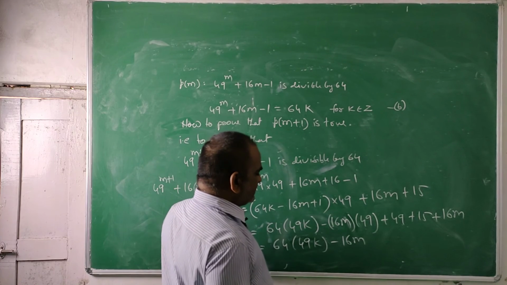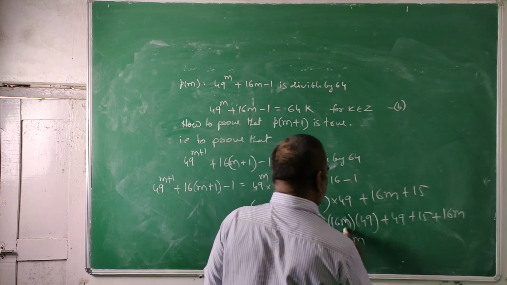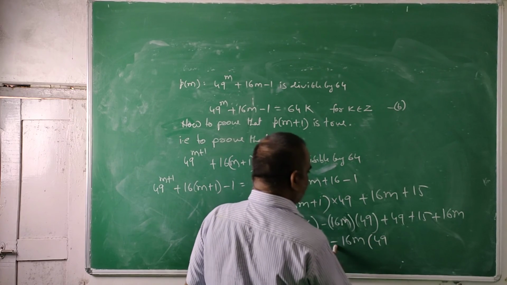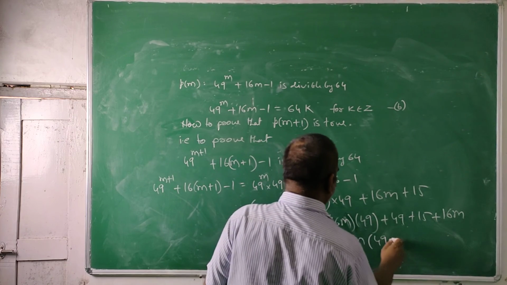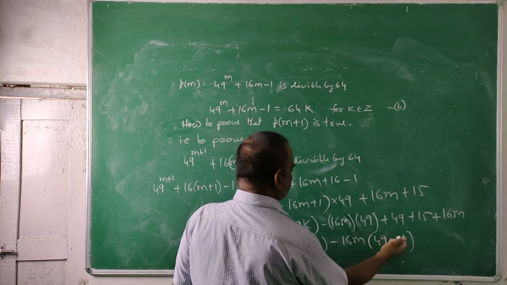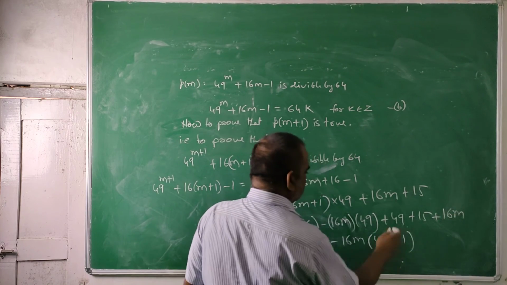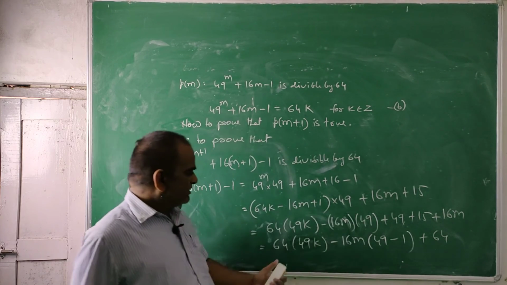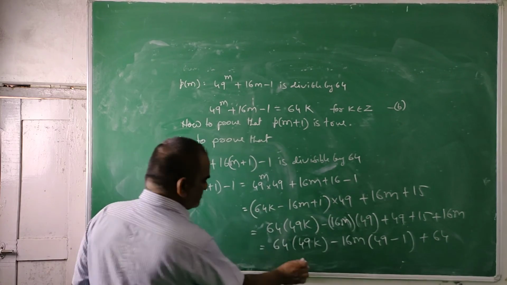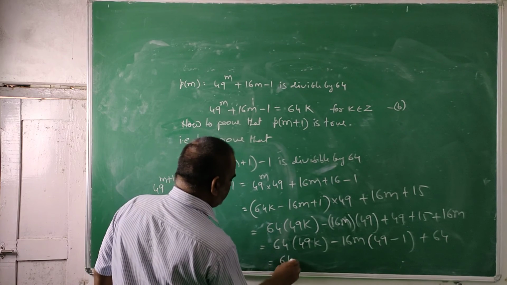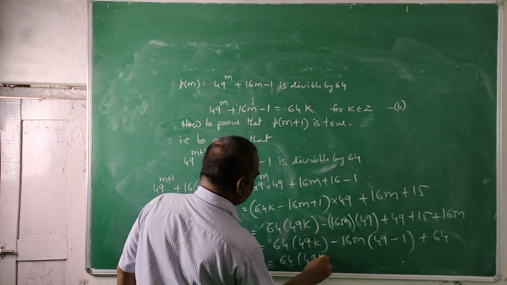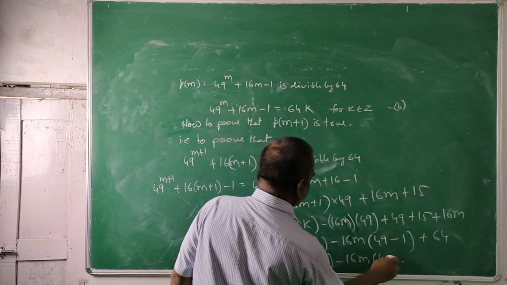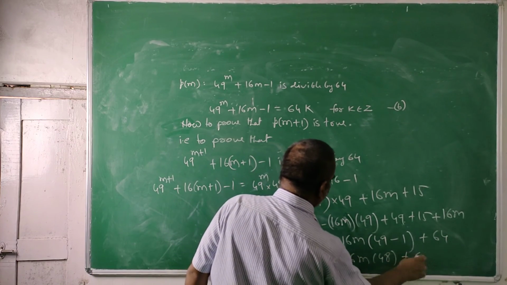So if you take minus 16m common from here and here, then you get 49, as you have taken minus common, so here you get minus 1, because minus into minus is plus 16m, plus 49 plus 15 is 64. So now it is equal to 64 into 49k minus 16m into 48 plus 64.